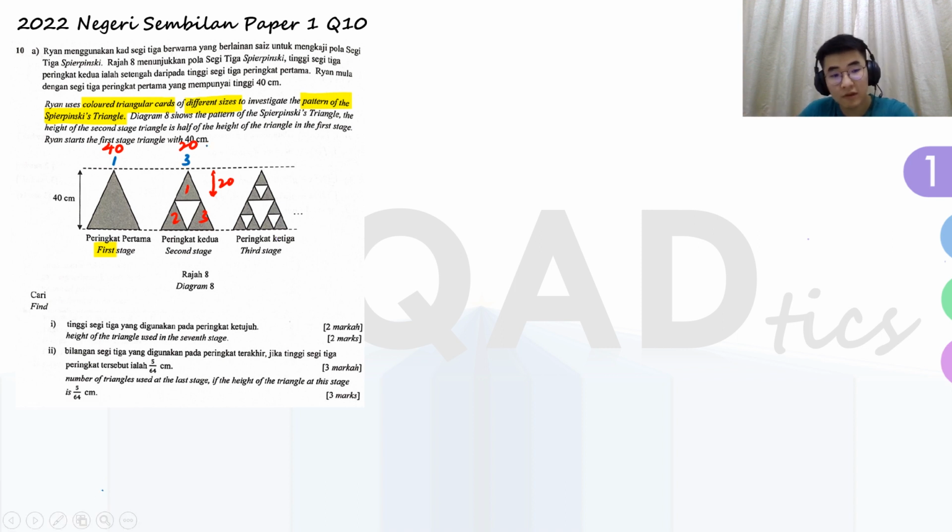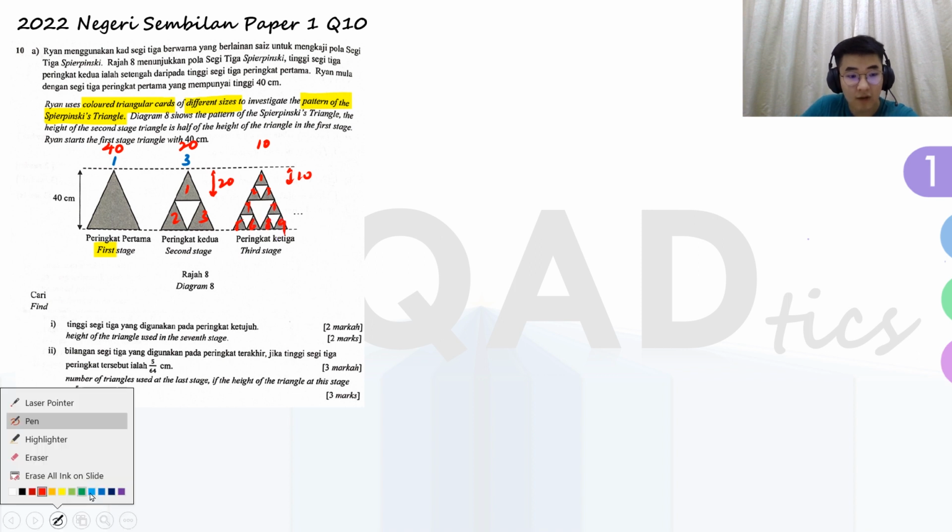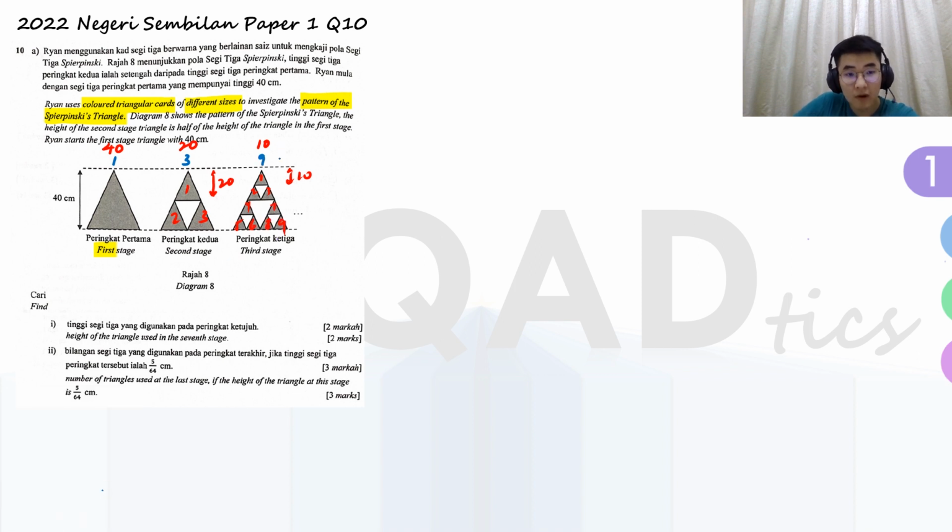So going to the third stage will be the same thing as well. We need to cut the height by half. So in the third stage, the triangles will have a height of 10 cm. And to form this triangle, we need 1, 2, 3, 4, 5, 6, 7, 8, 9 triangles. Okay, so the blue numbers are actually the pattern of the number of triangles. And the red ones would be the height of the triangle.